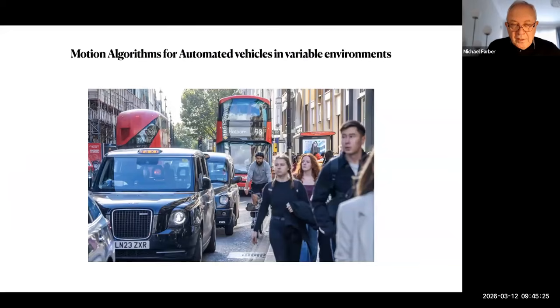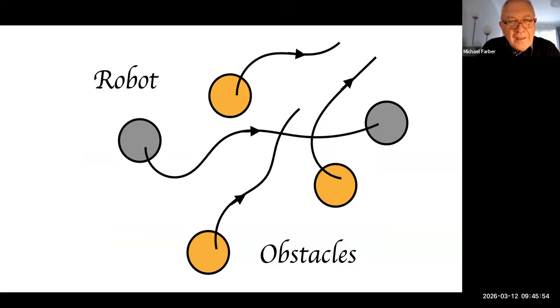An even more complicated situation you can see in this picture. You see London buses and taxis and cyclists and pedestrians. So if we want to have a self-driving car on the streets of London, it should know how to behave properly. And it should have this, which we will discuss later in this talk.